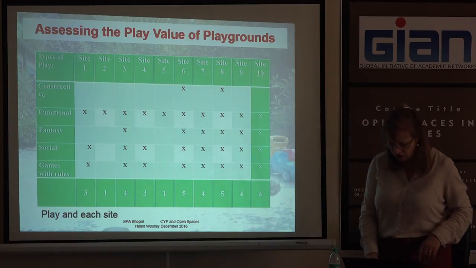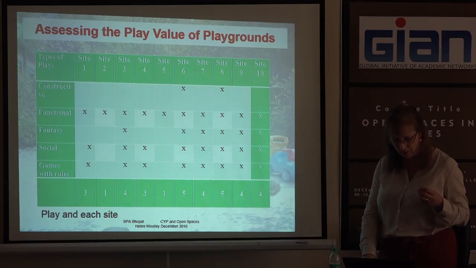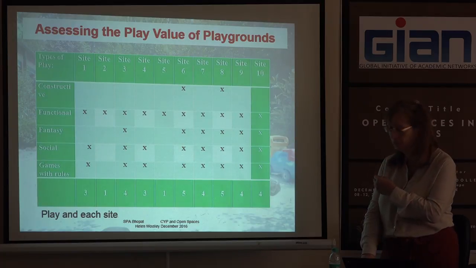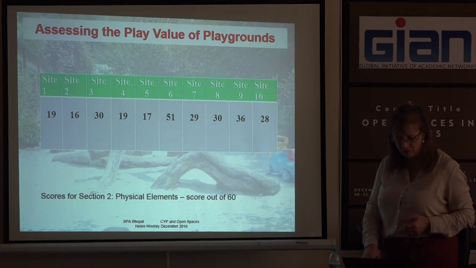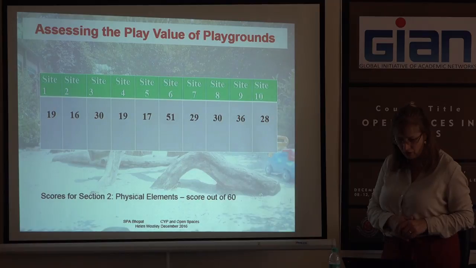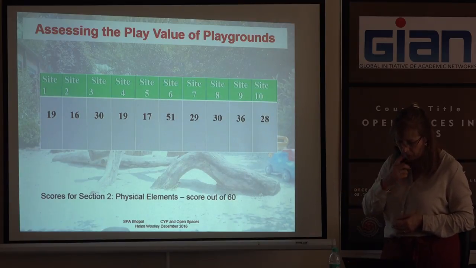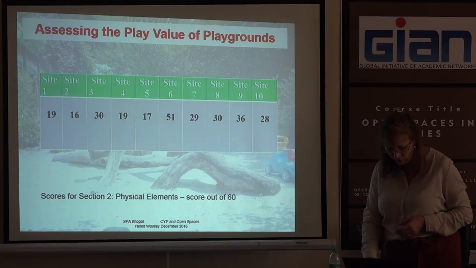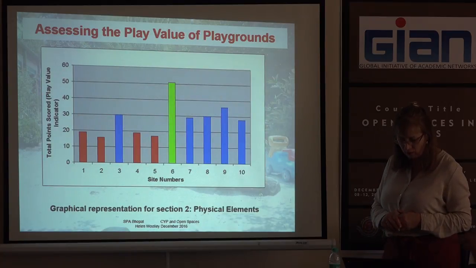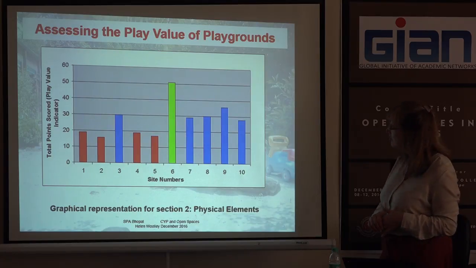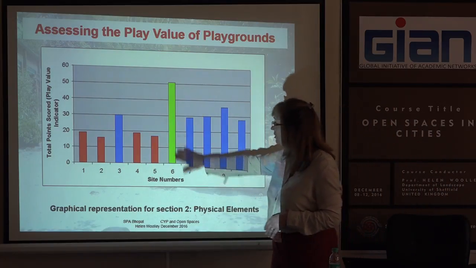So then we looked at, so the tool has 3 elements to it. One is the play value. Then the other one is the physical elements of the site, and those are all described in the paper. And again, those are all scored. And again, you can see there are different scorings, and in fact we've got a graph of this as well. So the maximum possible score is 60 for each site, and you can see that this site is scoring the highest.